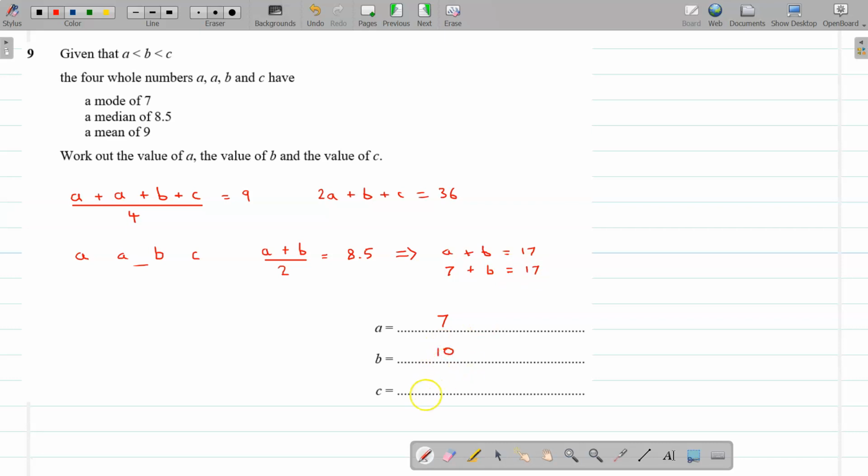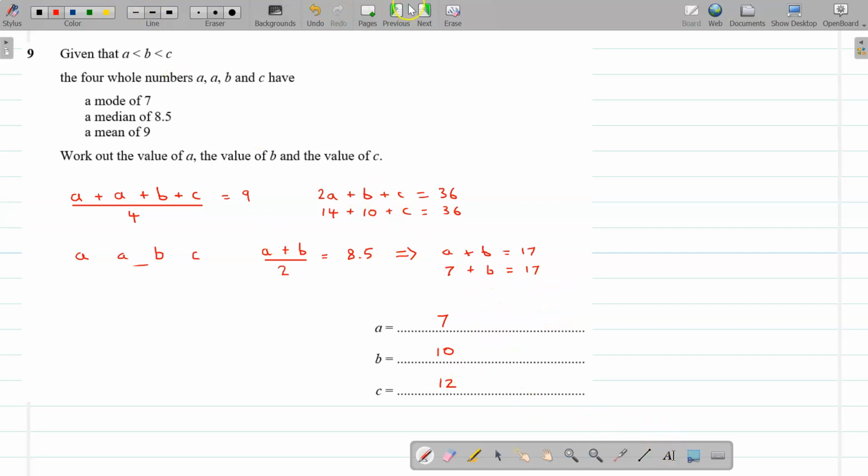Now I know what A and B are, I can find C from this one. Two lots of A must be 14, B is 10, so 14 plus 10 is 24, and I've got to add something on to make 36, and what I've got to add on is 12. So it all fits into place.